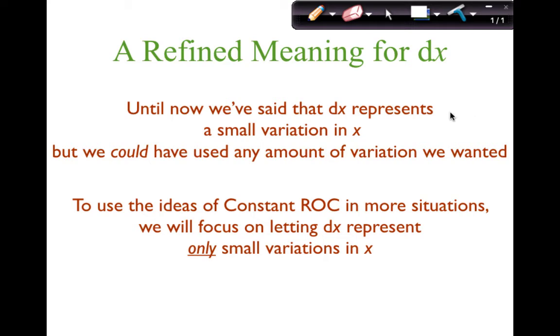And if you focus on letting that be small variations in x, we'll call it a differential in x. And differential just literally is talking about the difference between things. If you have seen calculus books before, or you know other people that have, differentiation is one of the main two operations that we do in calculus.